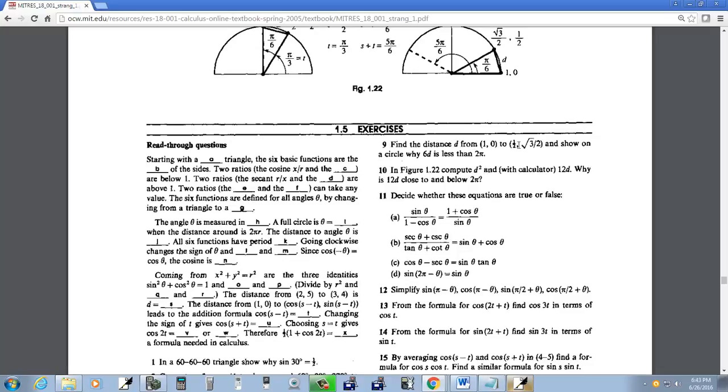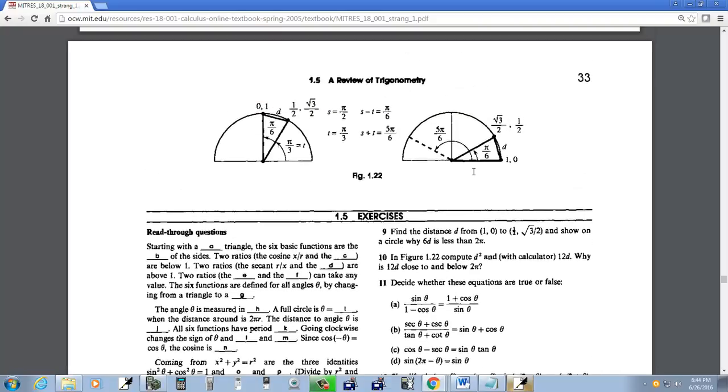This looks like the distance formula again. And the distance D will give you this. And show on a circle why 6D is less than 2 pi. I'll think on that one. And this one.